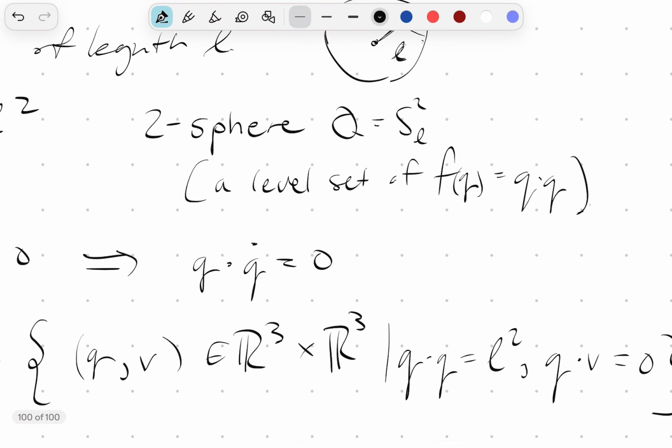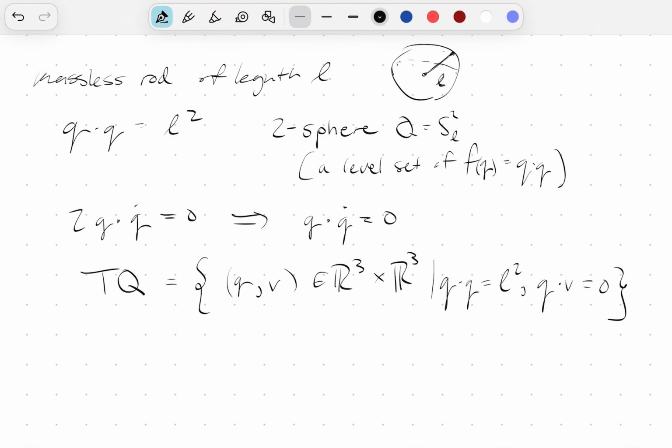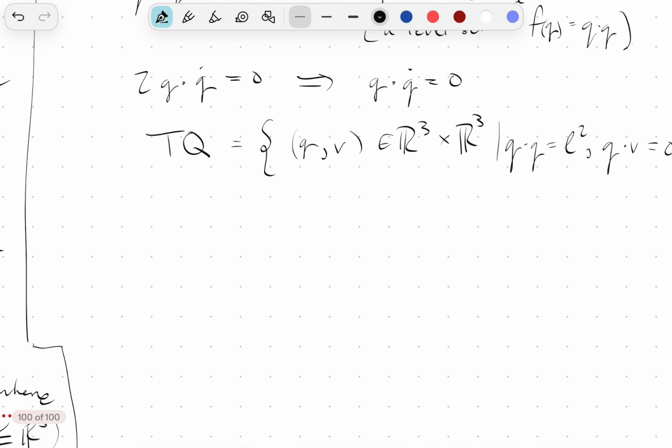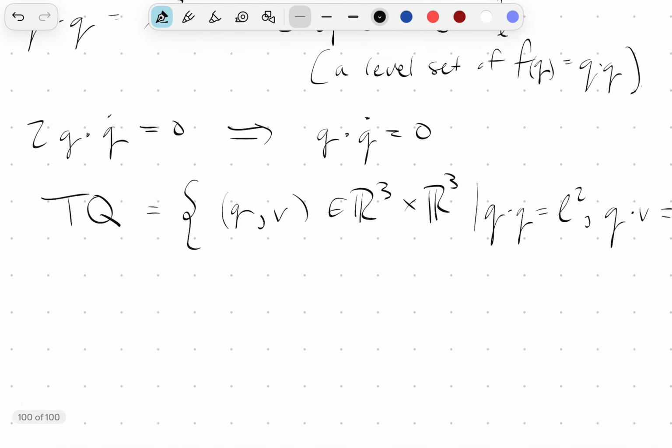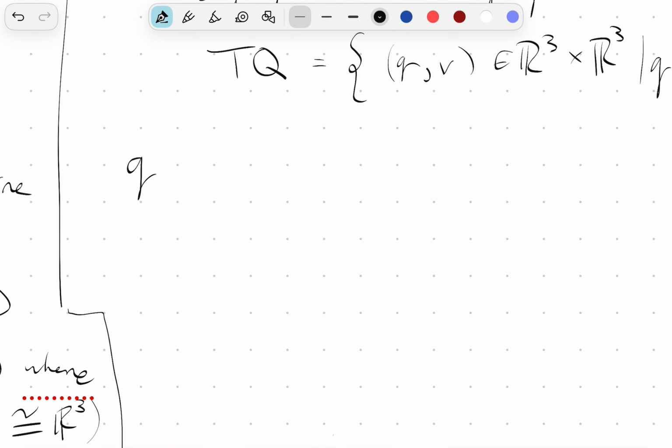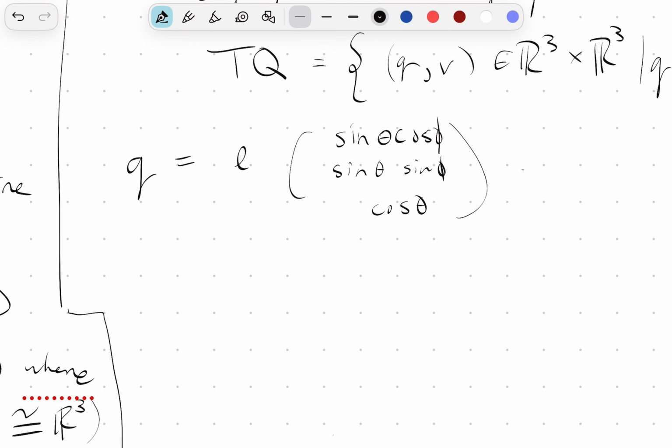Now what we can do is choose spherical coordinates, because we're just choosing a basic coordinate of the particle: sine for the x component would be this, for the y component it would be this, and then for the z component it's this.